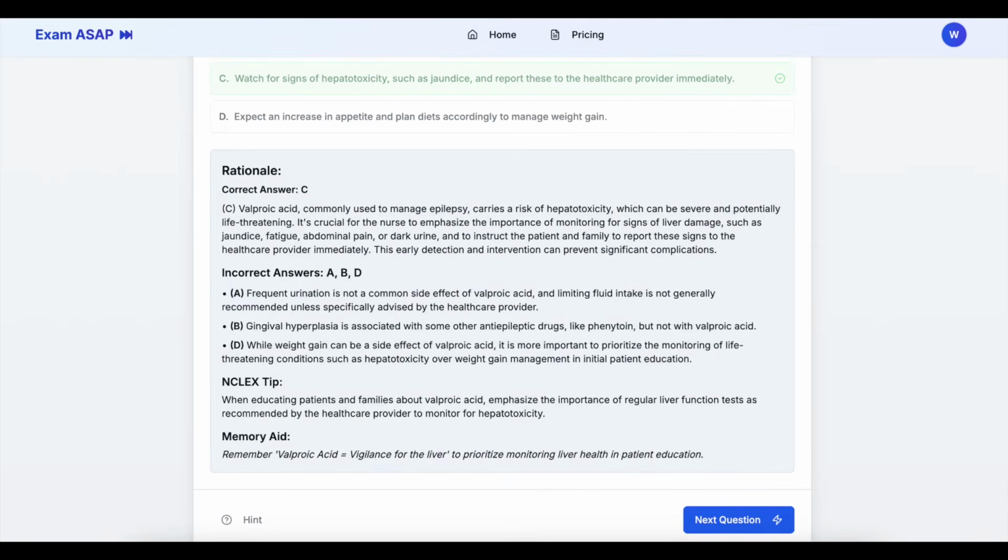Correct answer, C. Valproic acid, commonly used to manage epilepsy, carries a risk of hepatotoxicity, which can be severe and potentially life-threatening. It's crucial for the nurse to emphasize the importance of monitoring for signs of liver damage, such as jaundice, fatigue, abdominal pain, or dark urine, and to instruct the patient and family to report these signs to the healthcare provider immediately. This early detection and intervention can prevent significant complications.